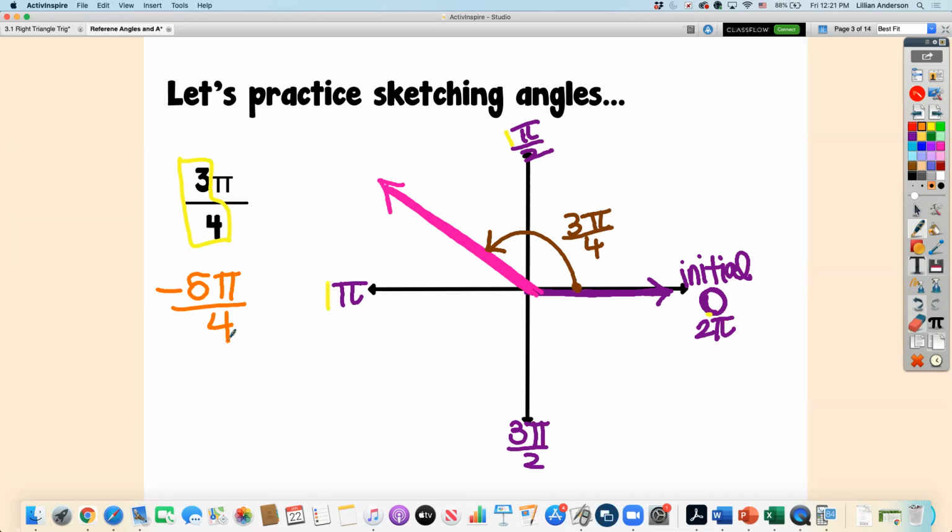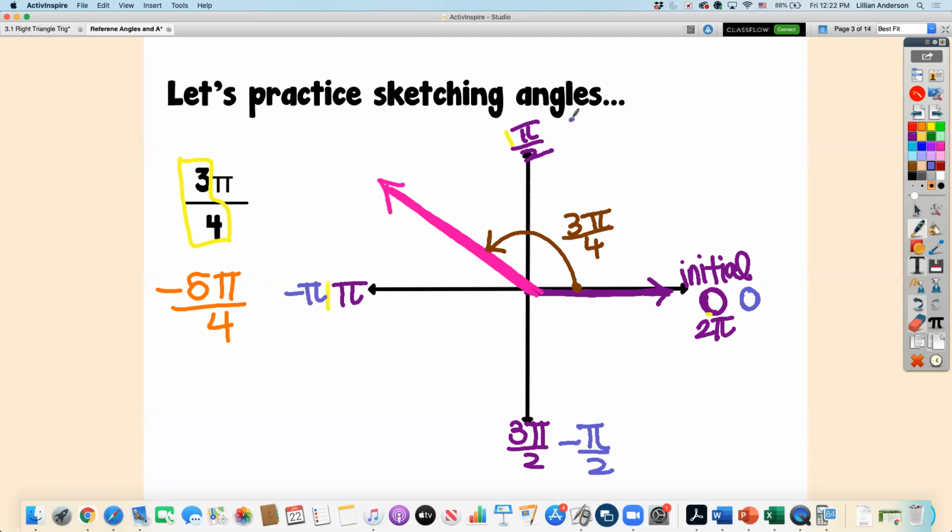Since this is a negative angle, I'm going clockwise. And if I'm going clockwise, let's use this color. The radians, all they do, they reverse. This is still 0. This one, if I'm going clockwise, is a negative pi over 2. This one here is a negative pi.